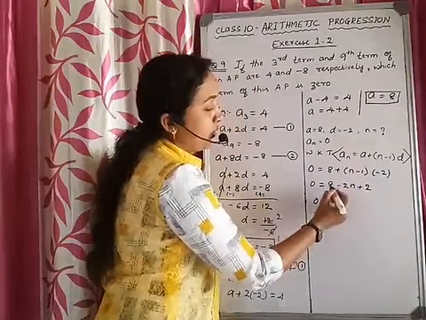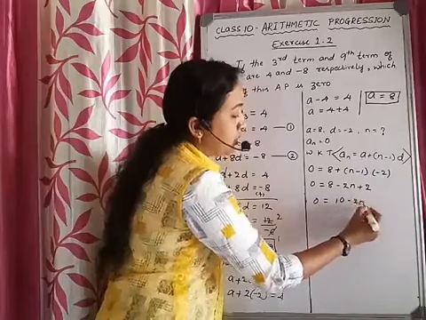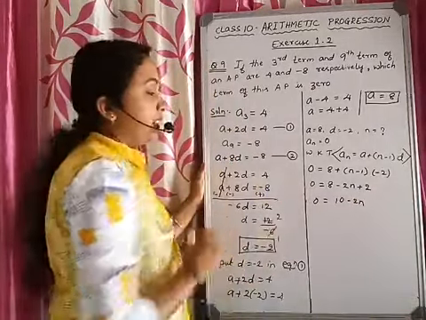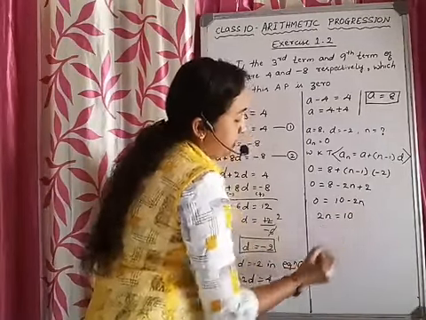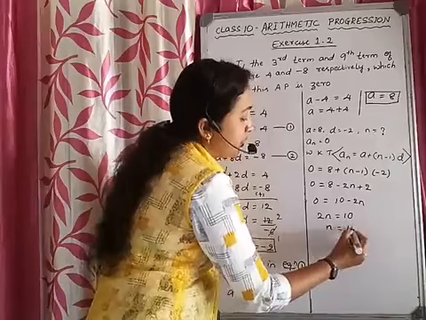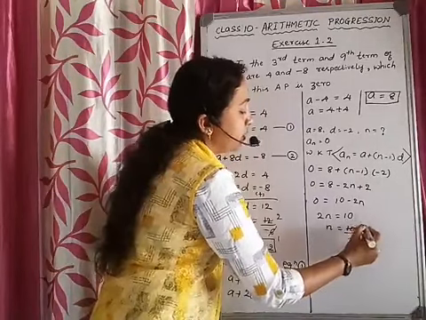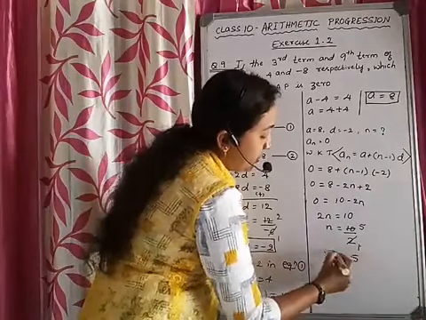So 0 is equal to 8 plus 2, 10 minus 2n. Shift this 2n to this side to make it positive. So 2n is equal to 10. So n is equal to 10 divided by 2. 2 fives are 10. Therefore n is equal to 5.